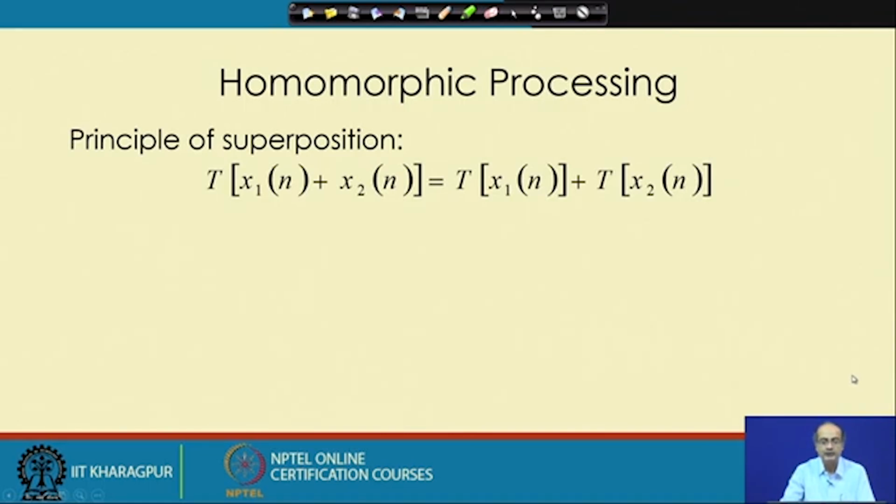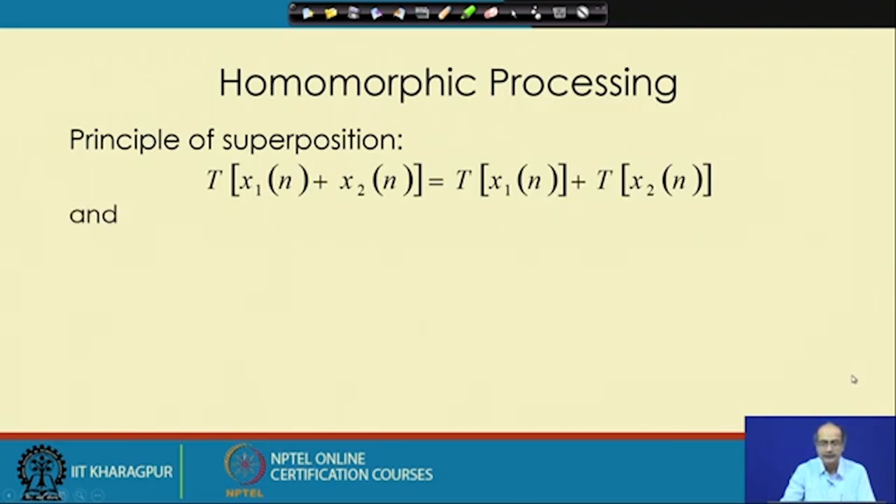The mapping of x1 plus x2 after the transform T would be the same as if we transform x1 and x2 first and then add them up. So, that is one principle.